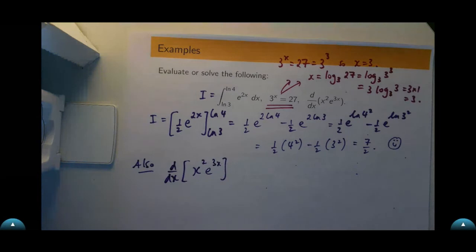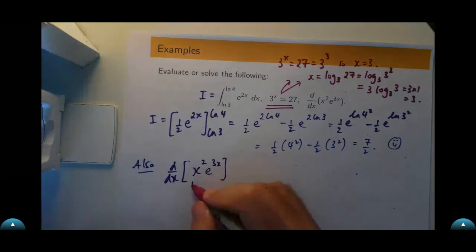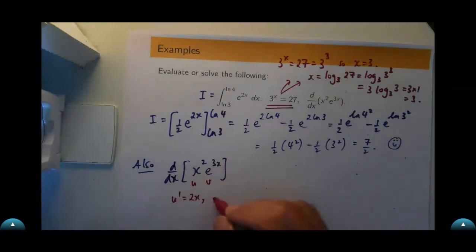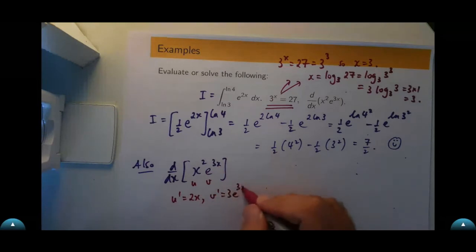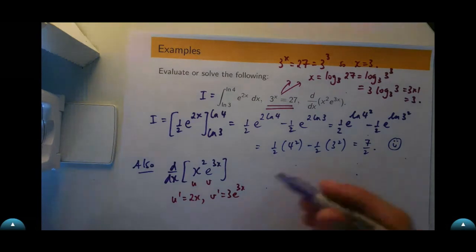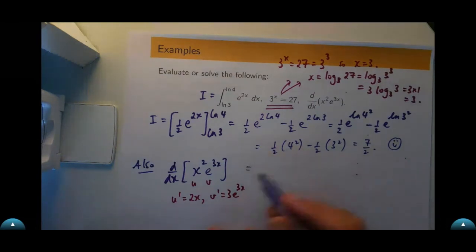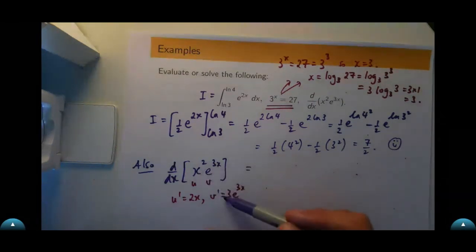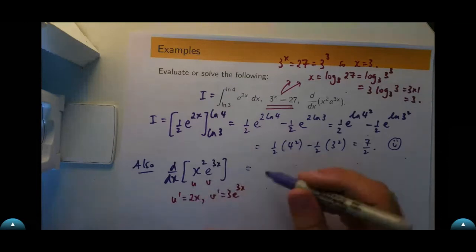So, you might want to let this be u and that be v, and so u dash is going to be 2x, v dash is going to be 3 times e to the 3x. Okay, so pretty easy so far. So it's that times that plus that times that.